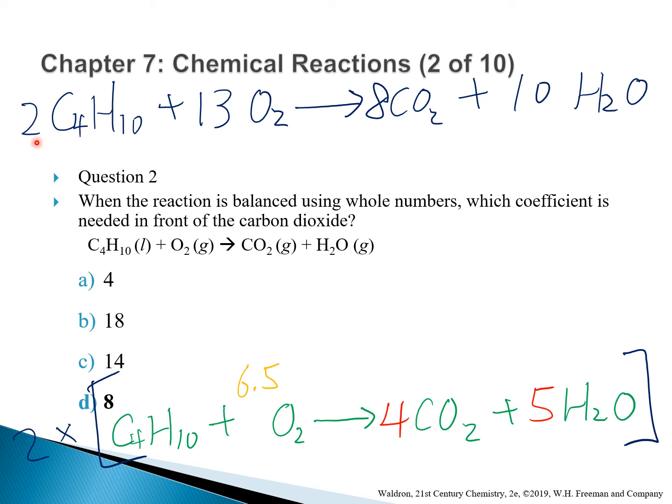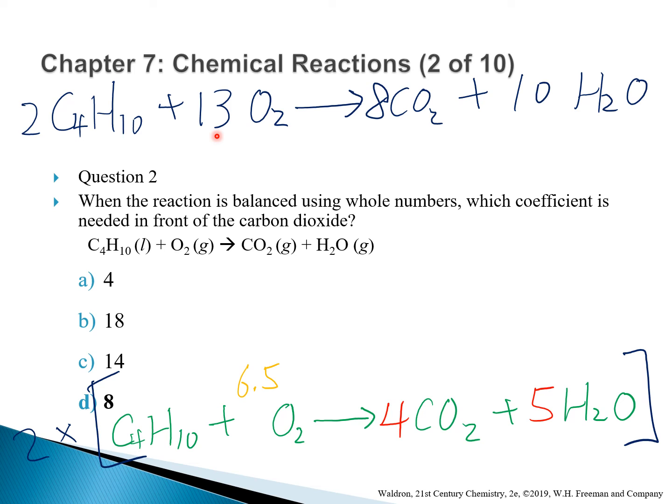On the left hand side, we have 2 times 4 carbon, that's 8. And on the right hand side, we have 8 carbon. So they're balanced. Then on the left hand side, we have 2 times 10, that's 20 hydrogen. And on the right hand side, we have 10 times 2, we have 20 hydrogens. So the hydrogens are good.